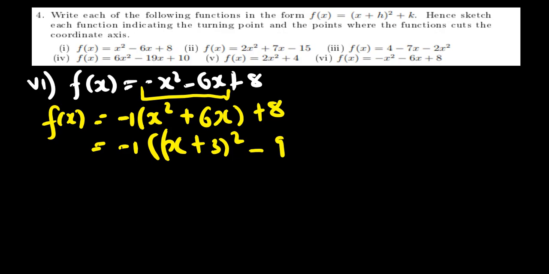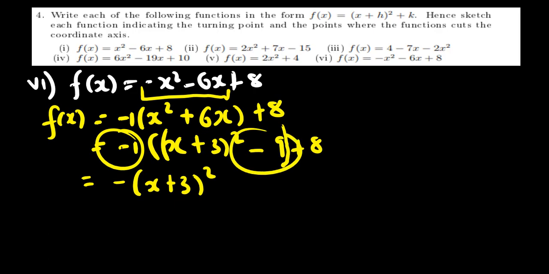Then what are we now going to have? Yes, a 9, plus 8. Now this 9 is like that, because the 8 has to go throughout. So when I distribute the negative, it will be negative x plus 3, this is squared, the negative multiplied by the 9 there gives me a positive 9.